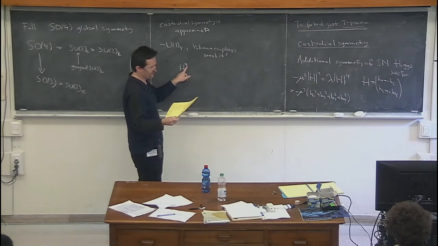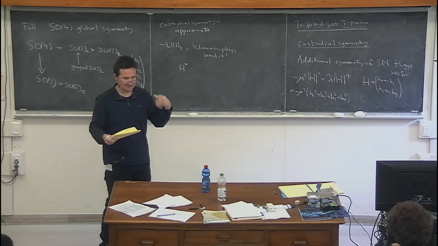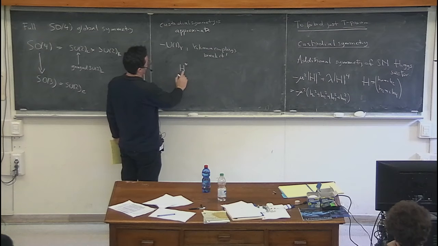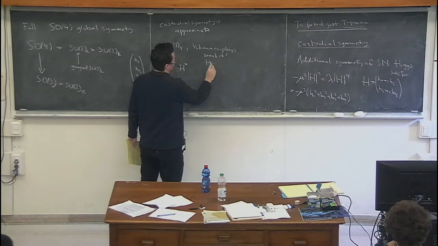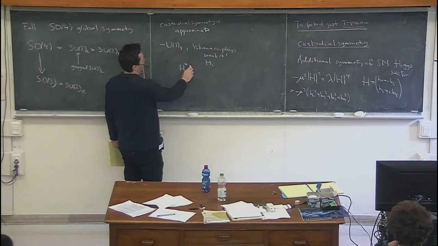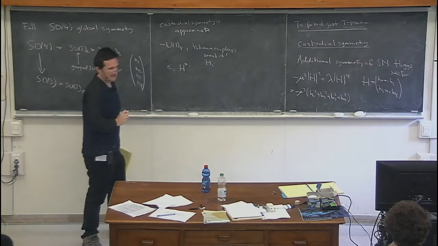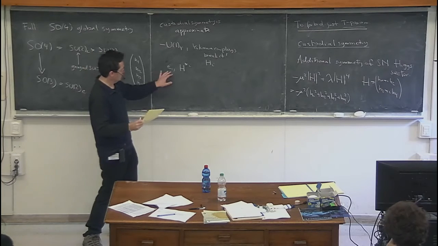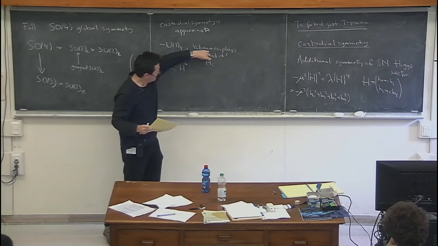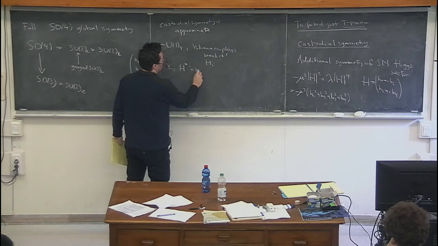The representation for the complex conjugate of the Higgs is equivalent to the original doublet. If the Higgs has one lower index as a doublet of SU2, then the complex conjugate has an upper index, and I can lower it back with the 2 by 2 epsilon tensor, and now this is also fundamental. So this field and the original Higgs transform exactly the same way. This field is sometimes called H tilde.